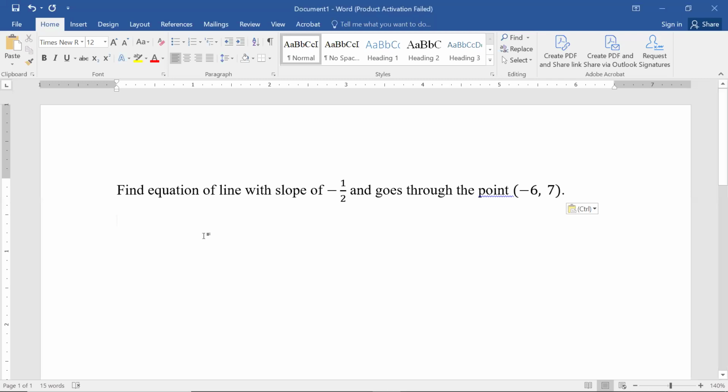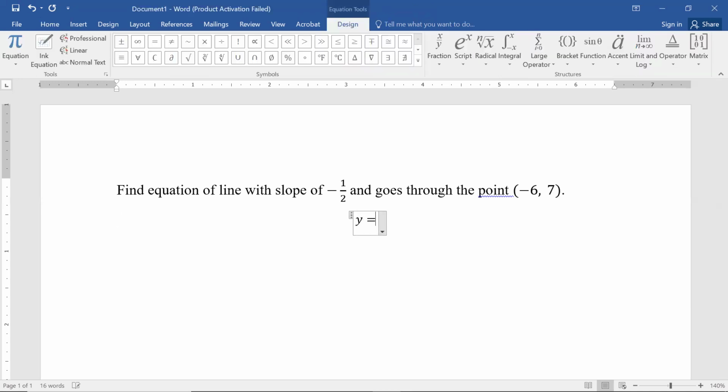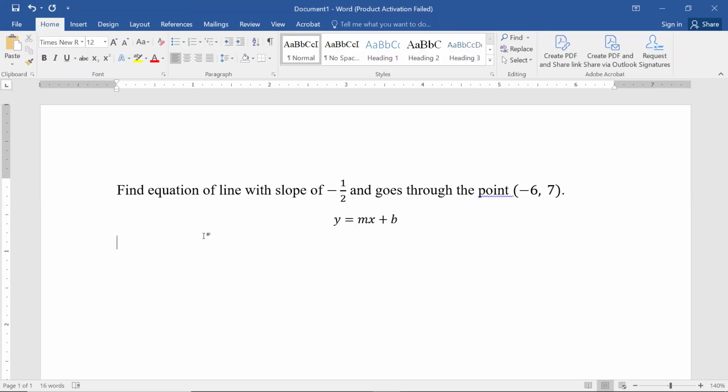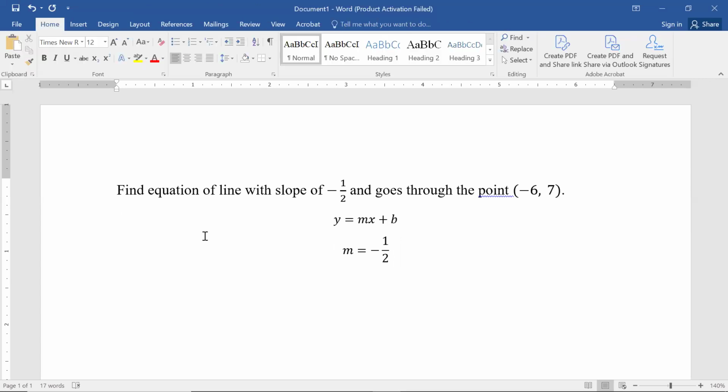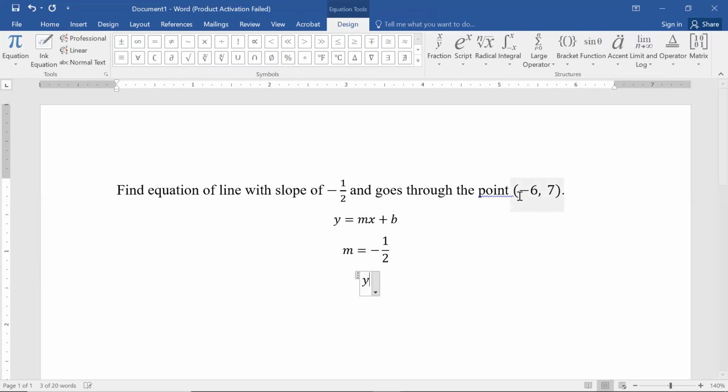So we're trying to find the equation of a line with slope -1/2 going through the point -6, 7. Again, I always like to write y equals mx plus b because I know that's what I'm looking for. My slope is given to me. It's -1/2. That's great. I have a point. So I know the equation is going to be y equals -1/2 x plus b.